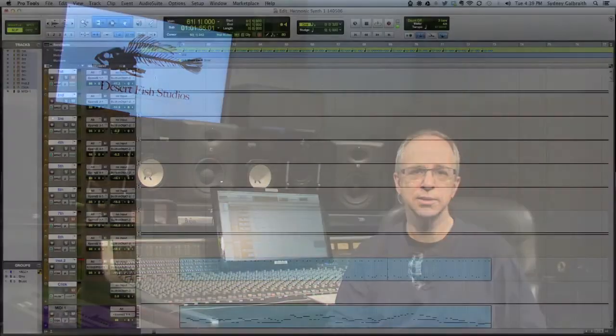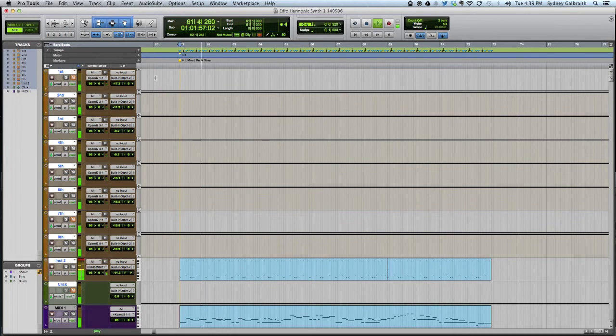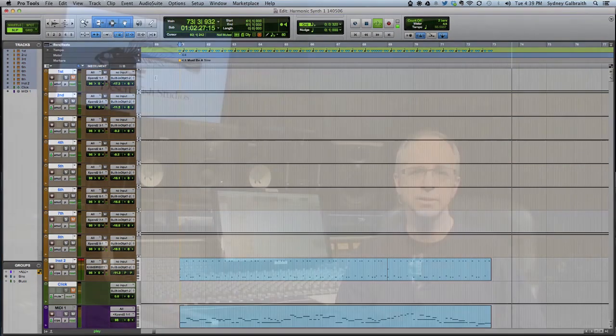And remember, these are just harmonically related sine waves. Cool, huh?